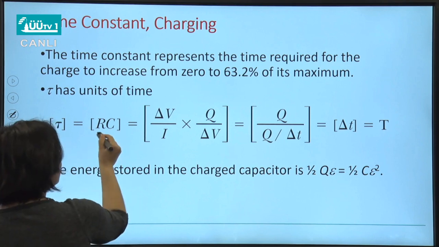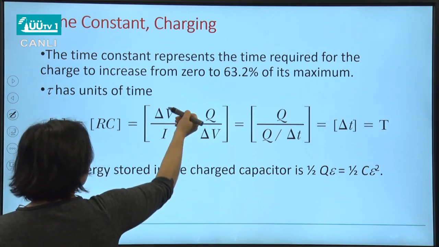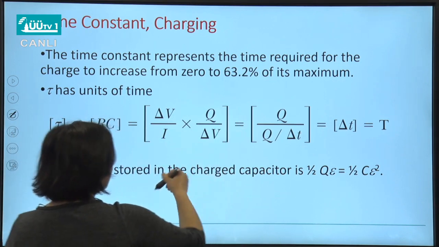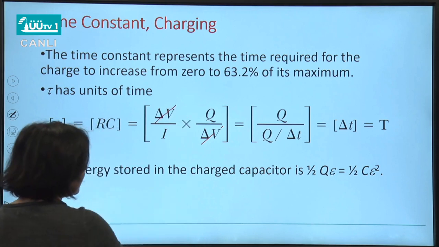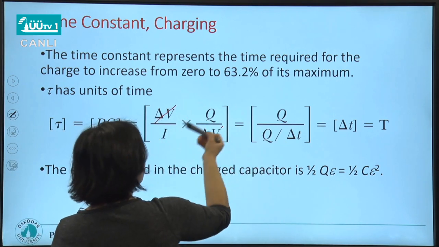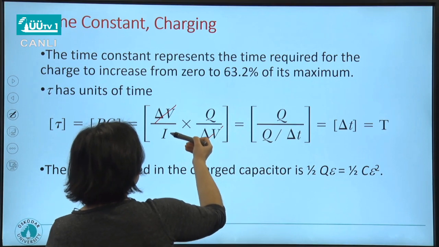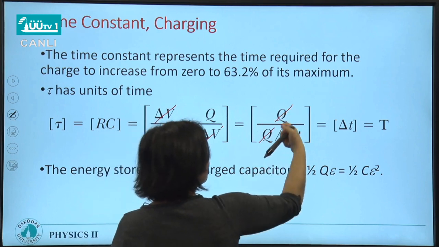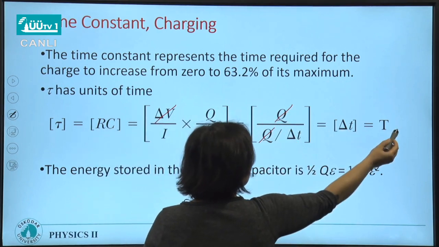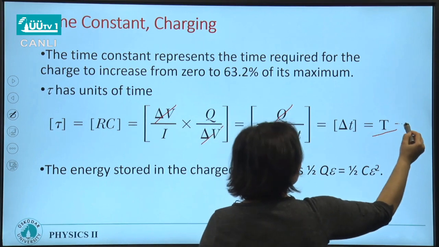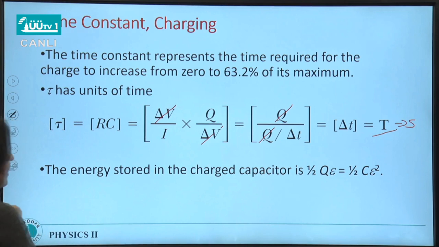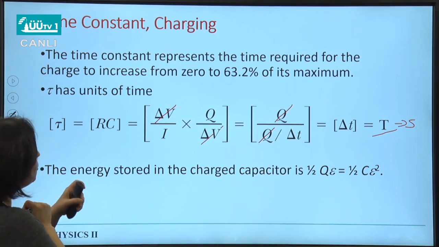As you know from Ohm's law, R is dV over I, and capacitance is Q over V. We can simplify dV here, and we will obtain Q over I, and I, as you know, is dq over dt, so you can simplify also q here, leaving dt, which is time, and the SI unit of time is the second. So we prove here that tau really is a unit of time.